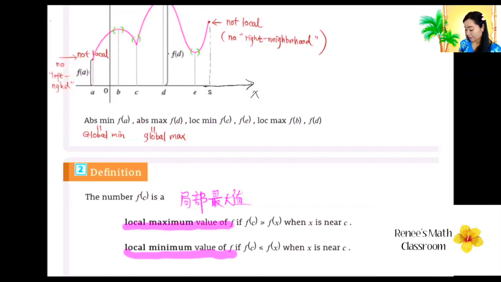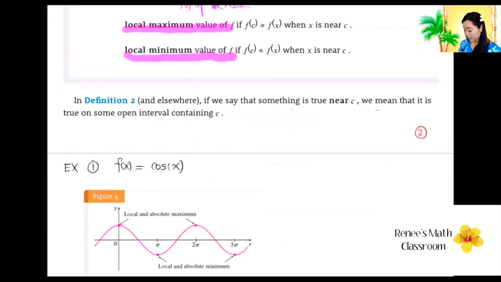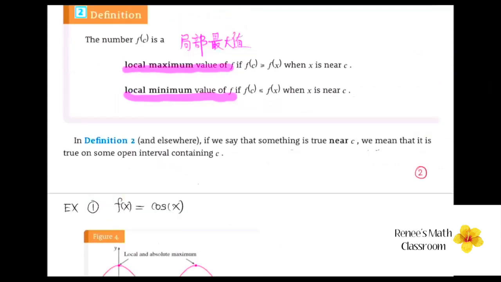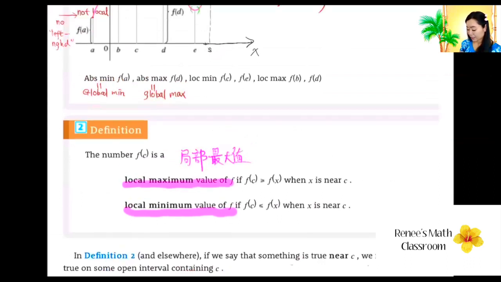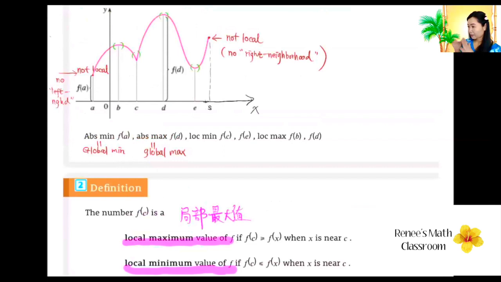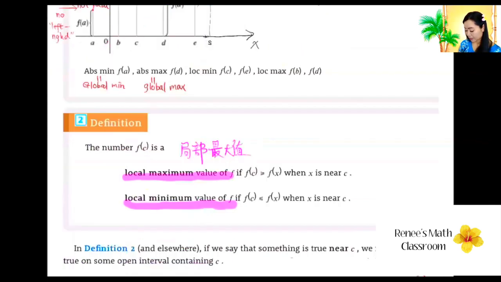Then the function value at this point is a local max. When they say near that point, that means you need to have some open interval containing that c, so you need a left and right neighborhood, an open interval.